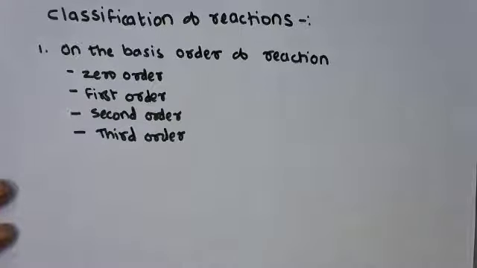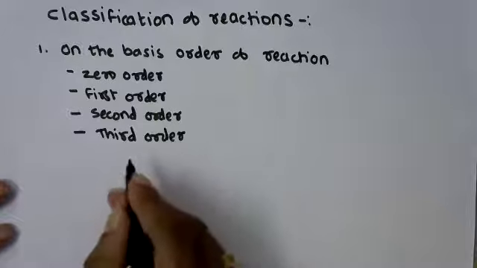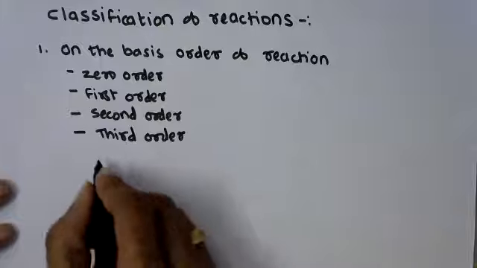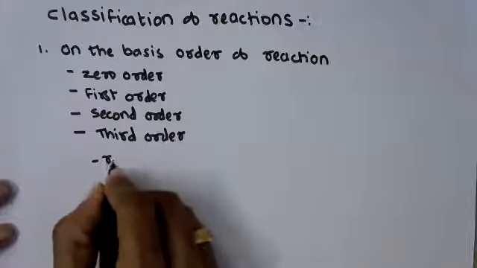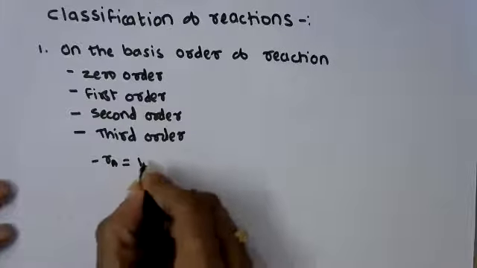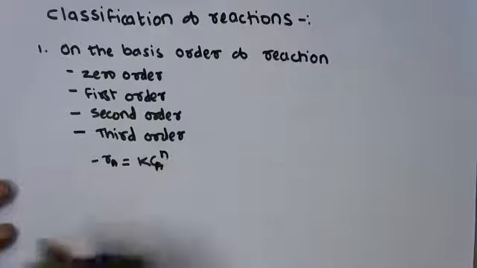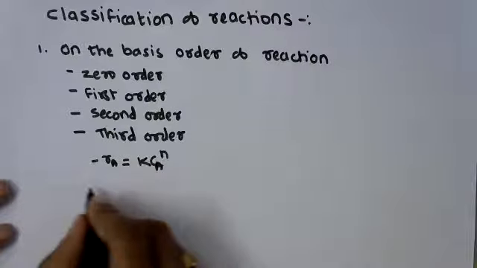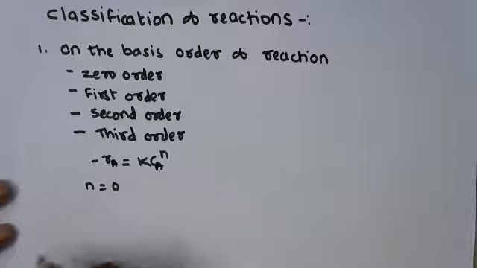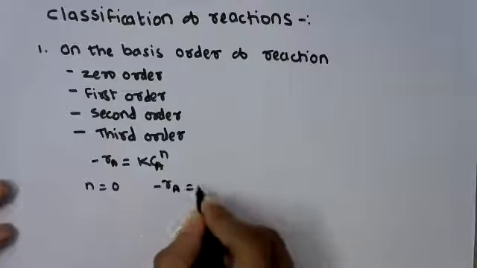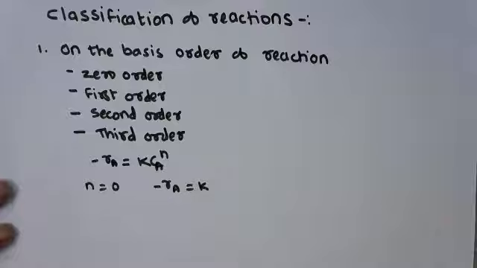So, if I consider the general form of the rate expression as minus RA is equal to K CA raised to N. So, for N is equal to 0, minus RA will be equal to K.